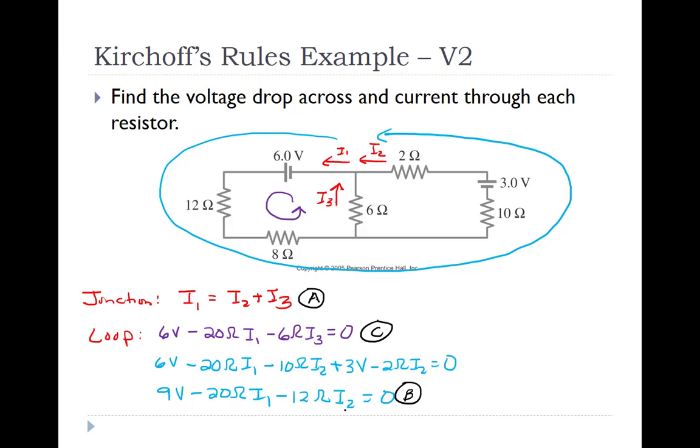So I'm going to take A, solve it for I2, and plug it into B to remove I2 from that equation. As my first step is going to be to rearrange equation A, and that's going to result in equation D.